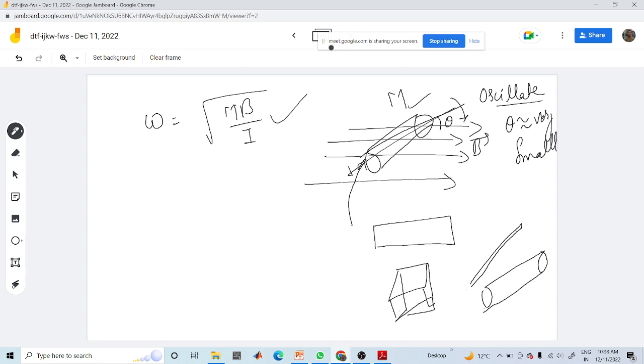So this moment of inertia is of this shape. Accordingly we will put the moment of inertia.